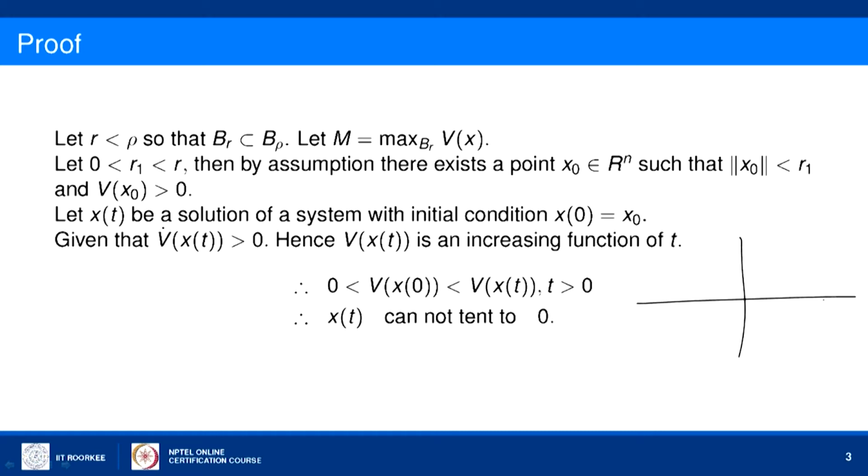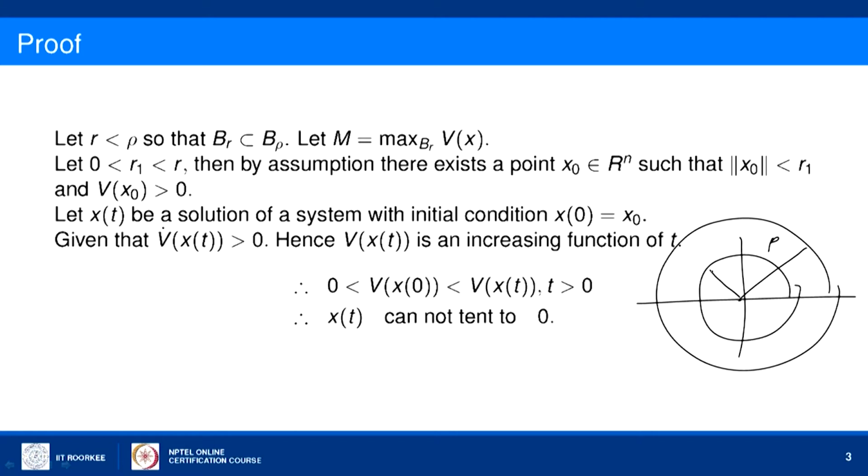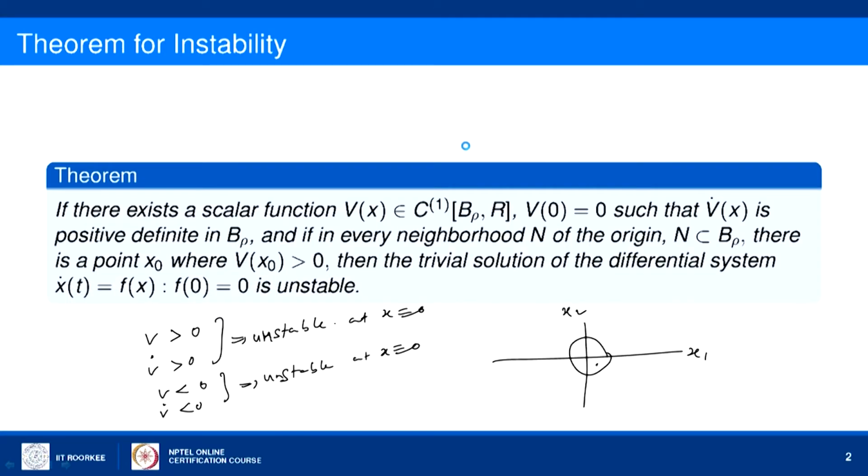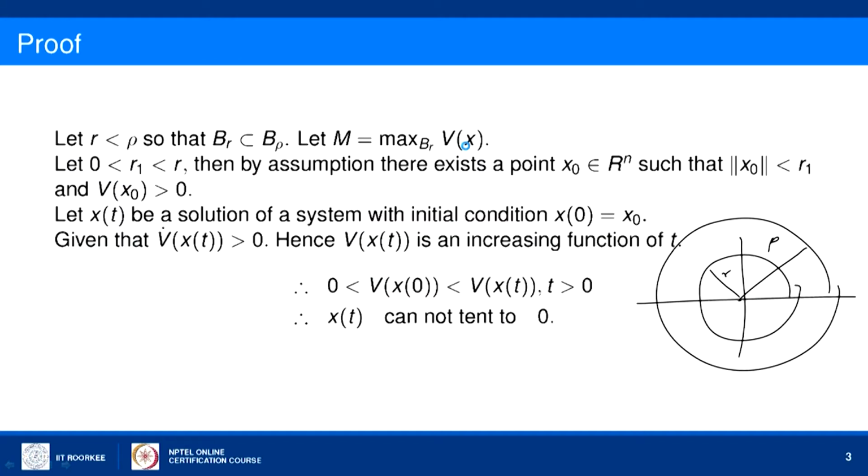So, if you consider a ball of radius rho and a smaller ball of radius r here, and V, we have mentioned that V is a continuously differentiable function, therefore, it will be bounded. So, there will be a maximum value for V in the ball of radius r, okay. A maximum value is there.